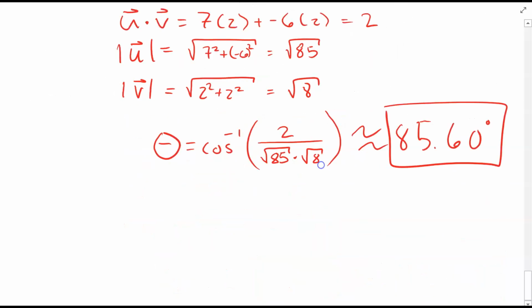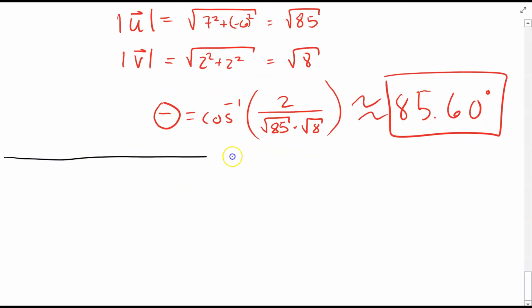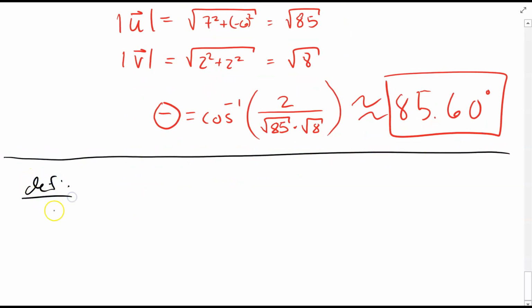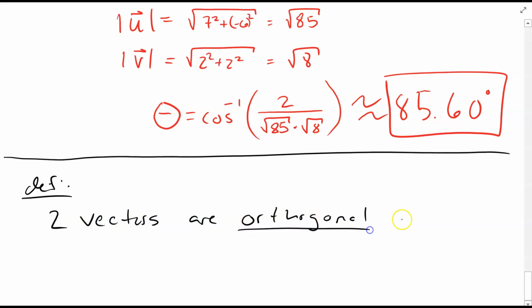Well, I have one little thing left in this to close this section out. We say two vectors are orthogonal if the angle between them is 90 degrees.